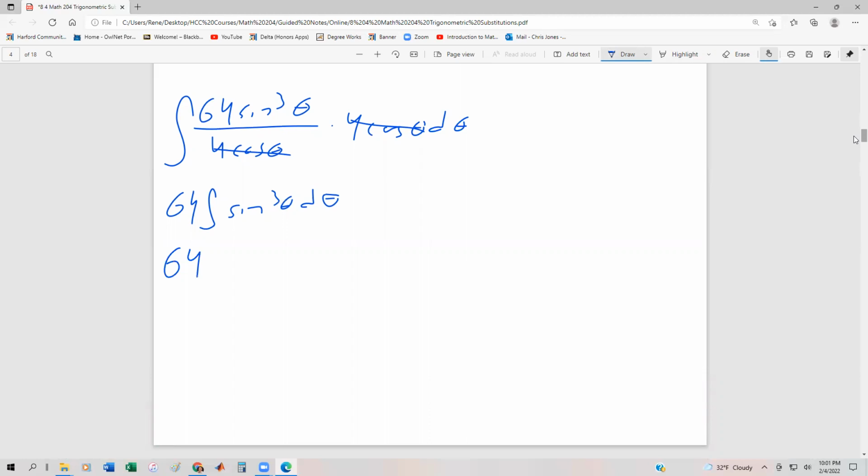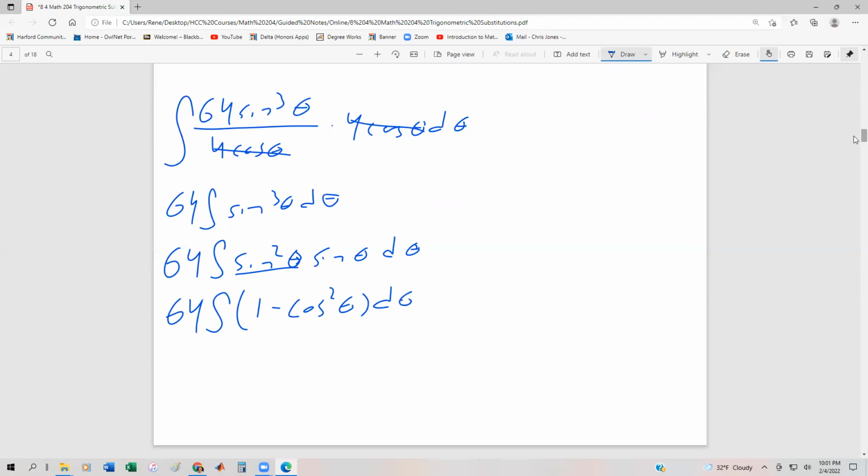We're going to write this as sine squared theta times sine theta d theta. Now we're going to use the Pythagorean identity on the sine squared. So 64 times the integral of 1 minus cos squared theta d theta. And we still have the sine theta in there. I just neglected to copy it.